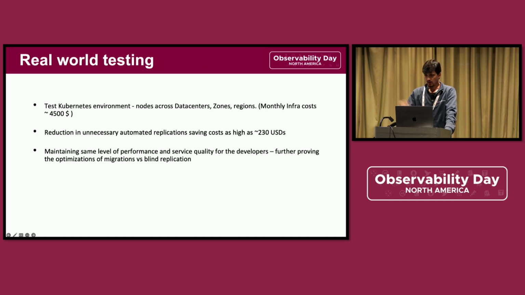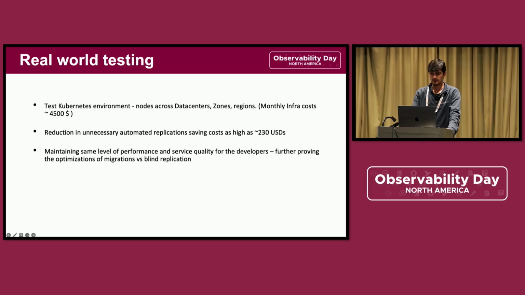And we actually did employ this last one in one of our test environments, where we had a setup of nodes across different data centers and regions, and even across different geo regions as well. And we did a consolidated optimization, and we tried to save cost and performance both. So we observed around 5% of savings in monthly infra costs, around $230 or something.